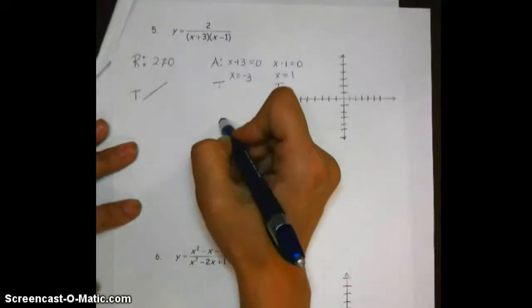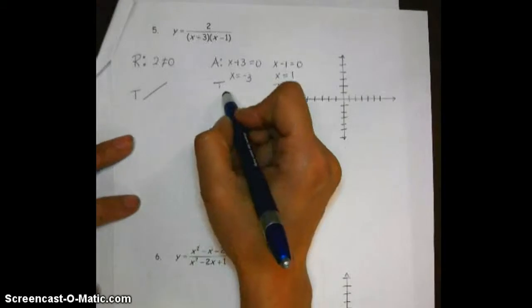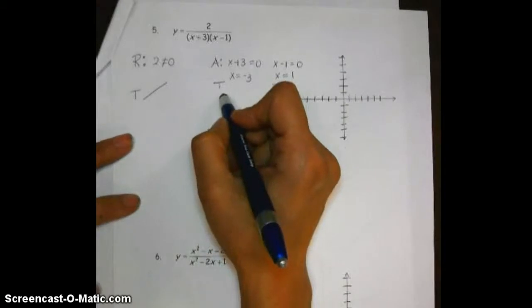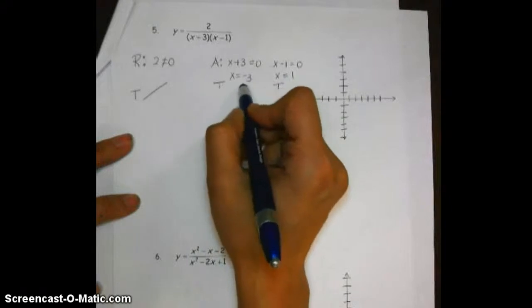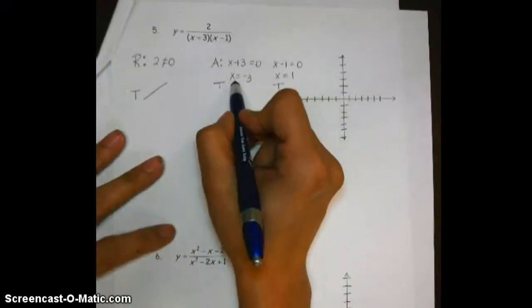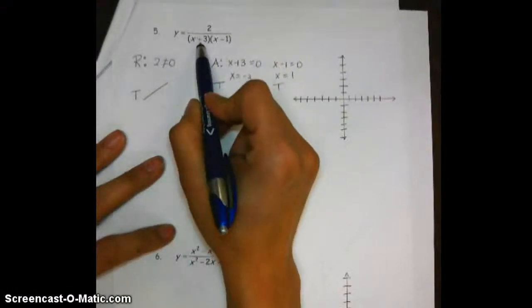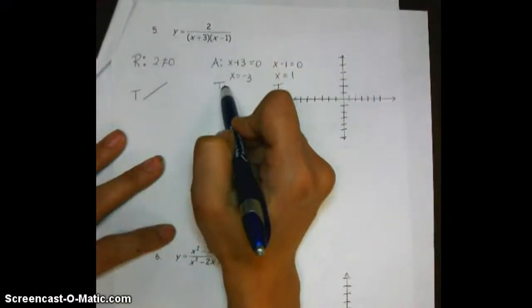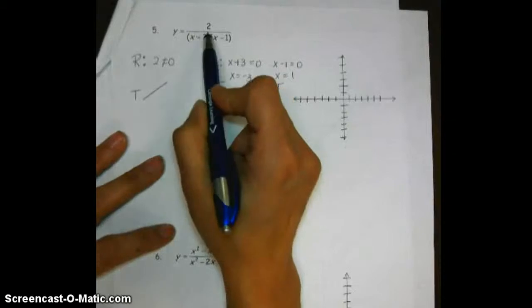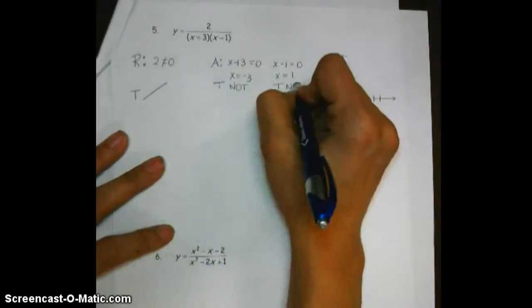This t stands for together or not together. So do they look like a reflection across the asymptote, or are they having opposite behaviors? To see which one it is, you look at the bottom, because that's how we derived our asymptotes. We're looking for if any of the factors are squares, and neither one of them are squares, so I'm going to write not on each one.